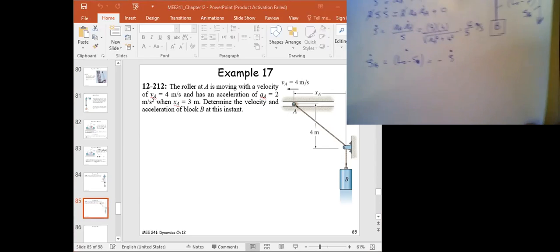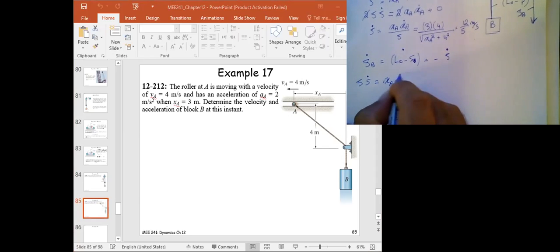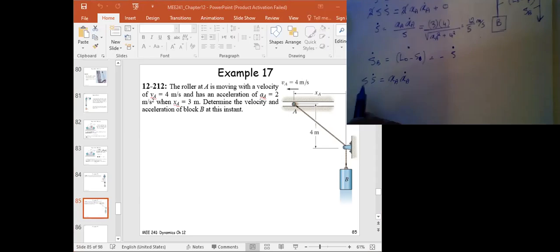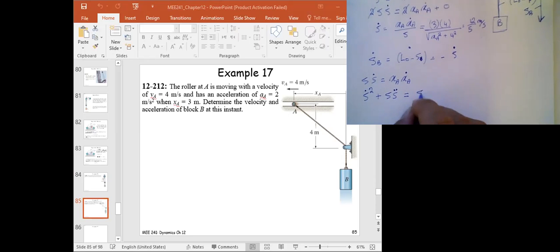So the second equation is basically S prime S equal to XA prime XA. Okay, so I want to do the derivative. It's going to be S prime squared plus S S double prime, is equal to X prime A squared plus XA XA double dot.